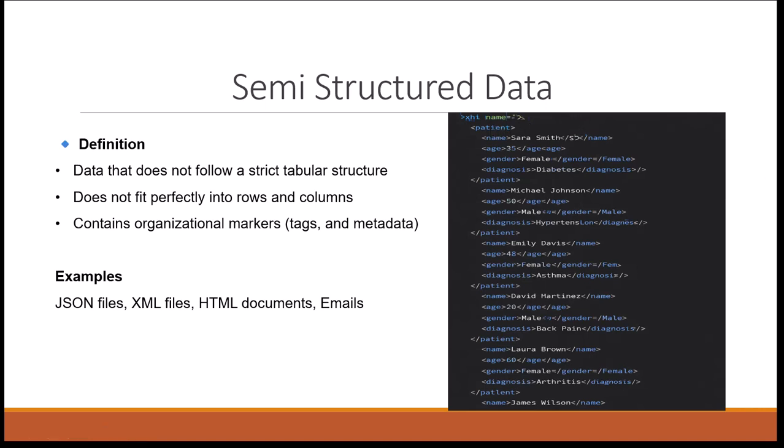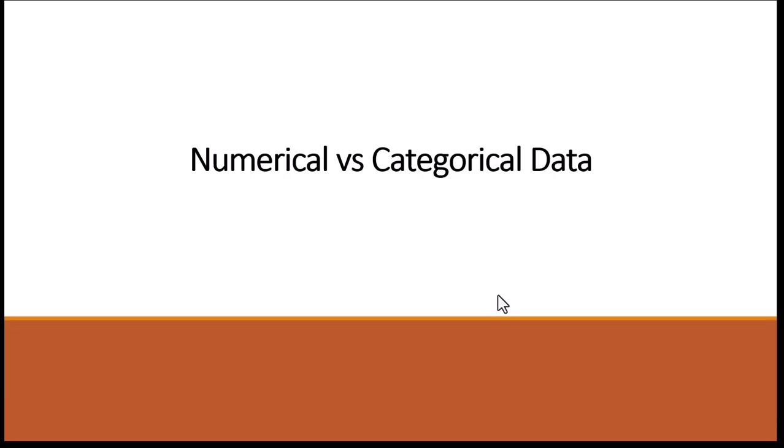As you see here is the image of the XML file of those patient records, where the columns are organized by using tags. This is a type of semi-structured data.